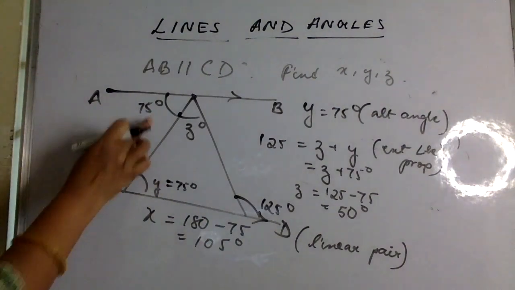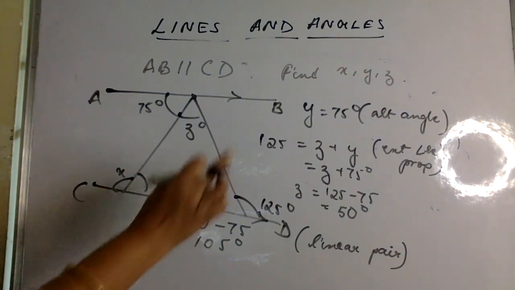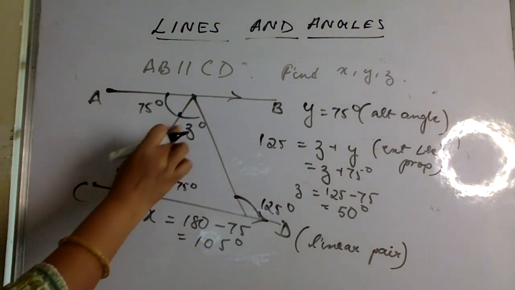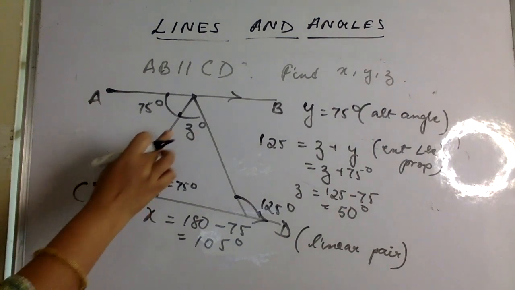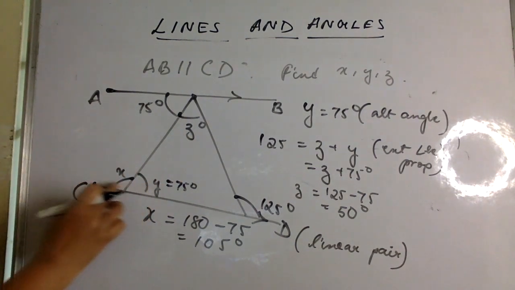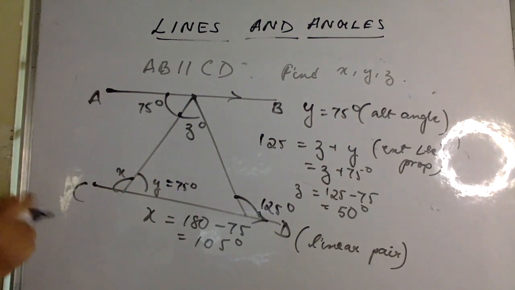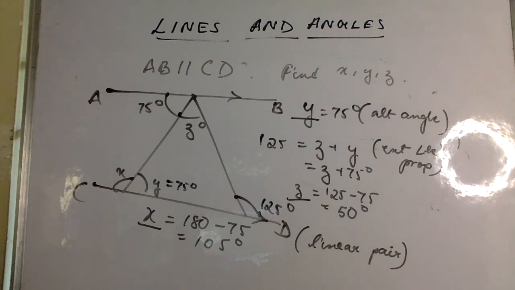We got y by using the rule of parallel lines, that is, these two were alternate angles. We used the exterior angle property, that is, this angle will always be equal to the sum of the interior opposite angles, and got the value of z. Here we used linear pair, subtracted 75 from 180, and got the value of x. So we have got all the three values that are required.